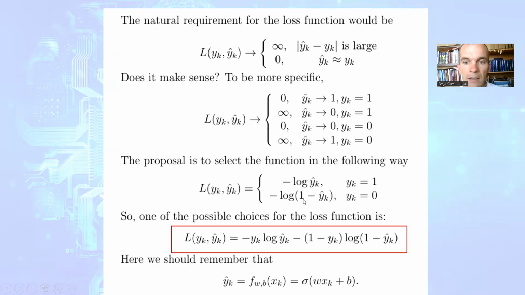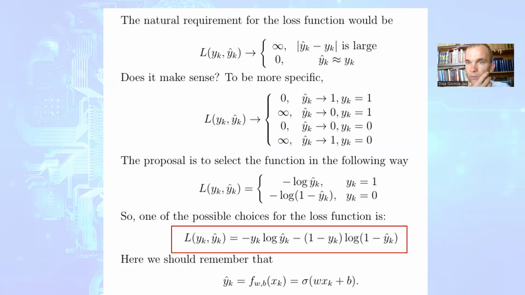And the same for the opposite case, when y is equal to 0, we select the loss function as minus the natural logarithm of 1 minus y hat. So we can generalize this to find the loss function in the following form: minus y multiplied by the logarithm of y hat, minus 1 minus y multiplied by the logarithm of 1 minus y hat.